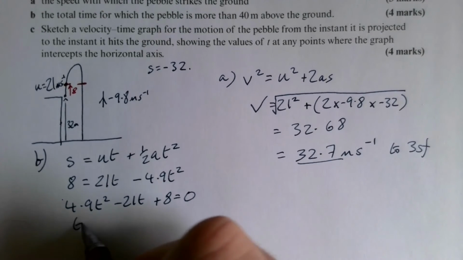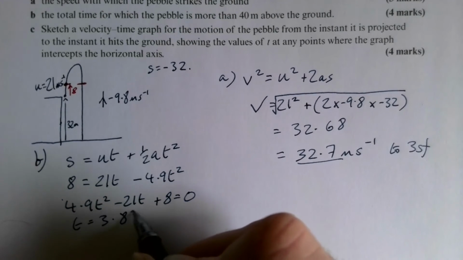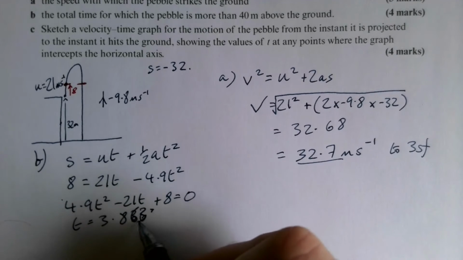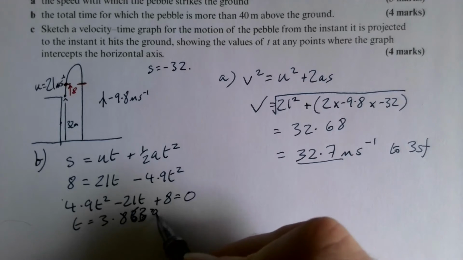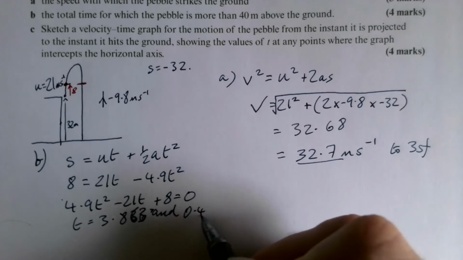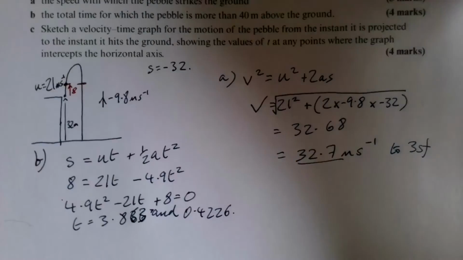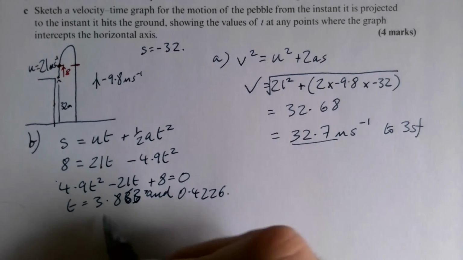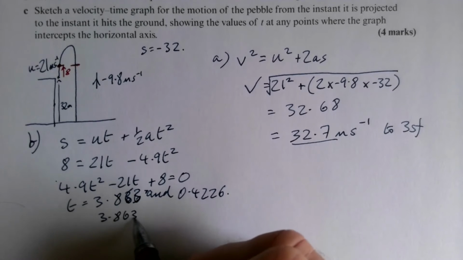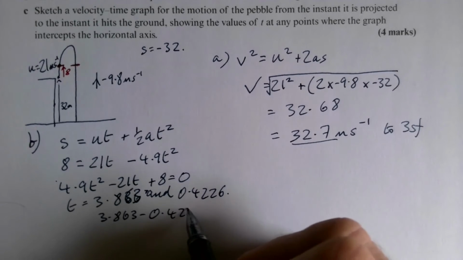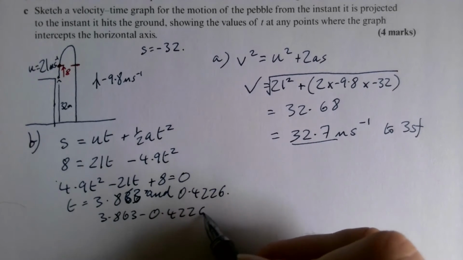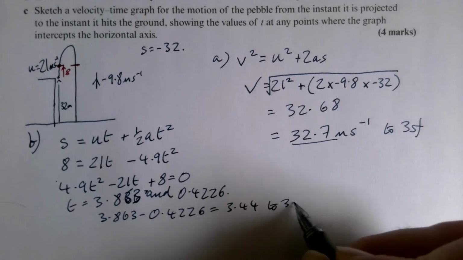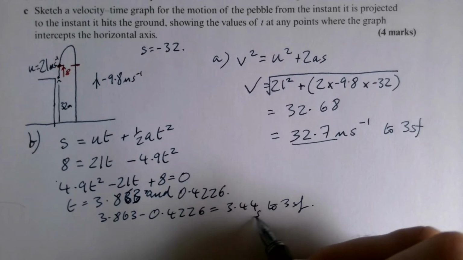So the time above 40 meters is going to be 3.863 take 0.4226, which is 3.44 to 3 significant figures seconds, isn't it?